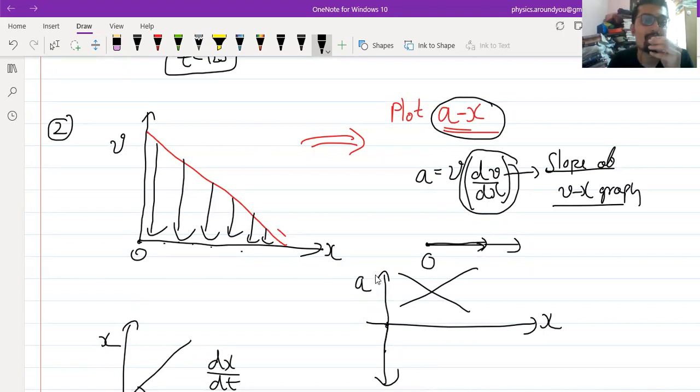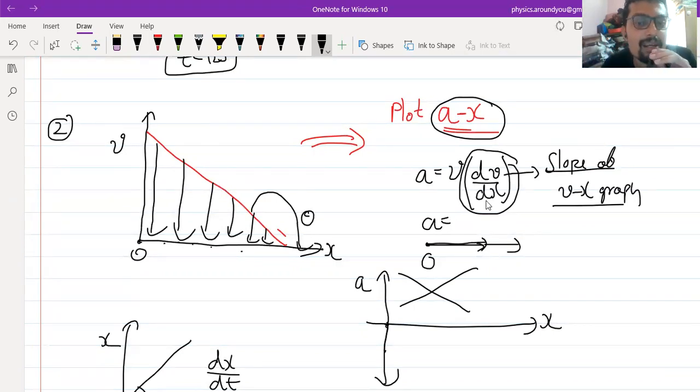Now you look at the v-x graph. How can you figure out the slope? Is the slope positive or negative? Negative. Why negative? Definitely the slope is negative because the angle is obtuse. So dv by dx will be some negative number. I don't know what number.